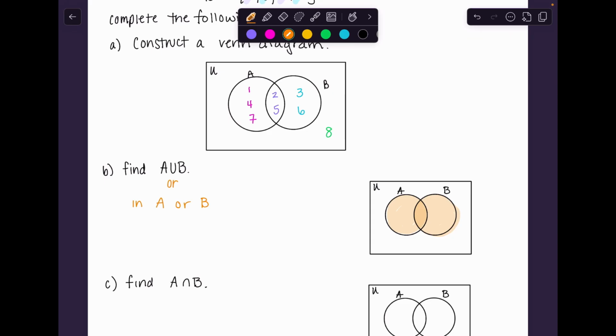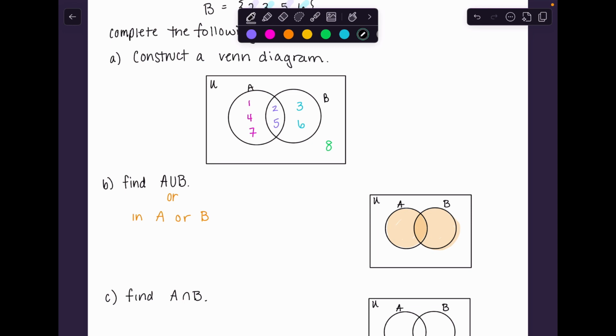Going back up here, that would be anything within these two circles, so pretty much everything except the number 8. That's the only thing not in that region. So A union B is the numbers 1 through 7. Everything except 8.